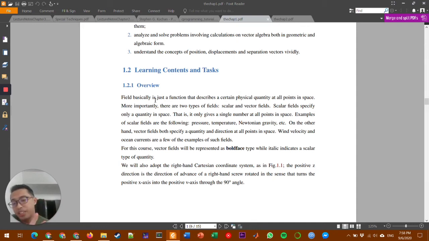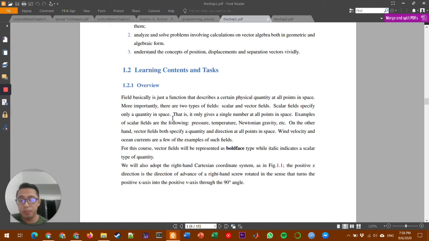So that's a field, defined at all points in space. Maybe your kitchen is quite hotter compared to your living room, right? So the value of temperature differs at all points in space, in your bedroom, in your living room, in your bathroom. So that's a field.